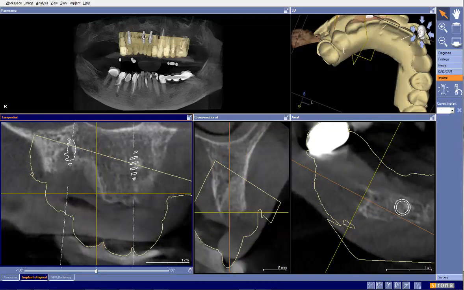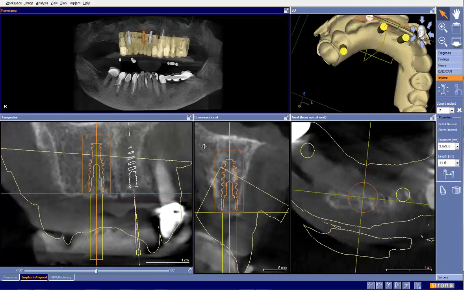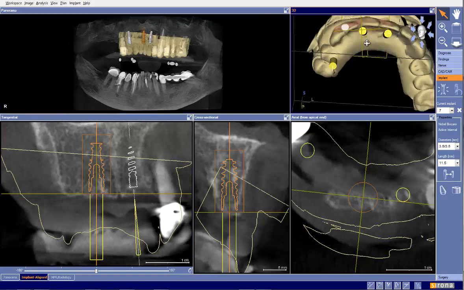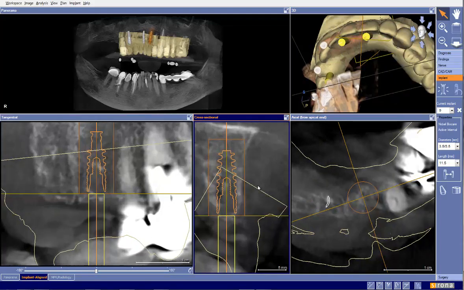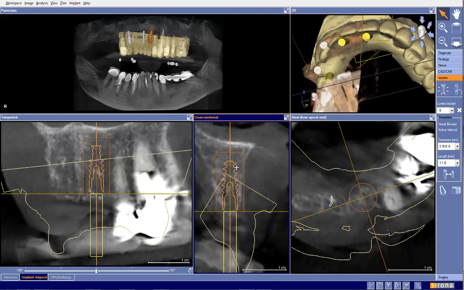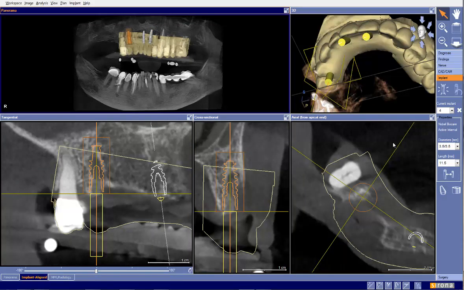So now let's go to an anterior implant and take a peek. And here we have good bone, certainly. And let's take a look at this implant. And here we also have good bone. The one thing I would say, since we're using a narrow diameter implant here, let's go ahead and go to a longer implant. And I did forget to check that here on this posterior implant.